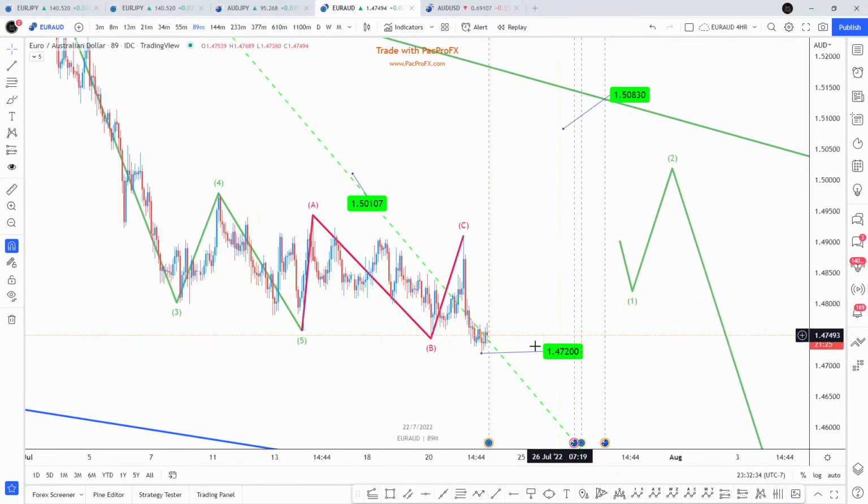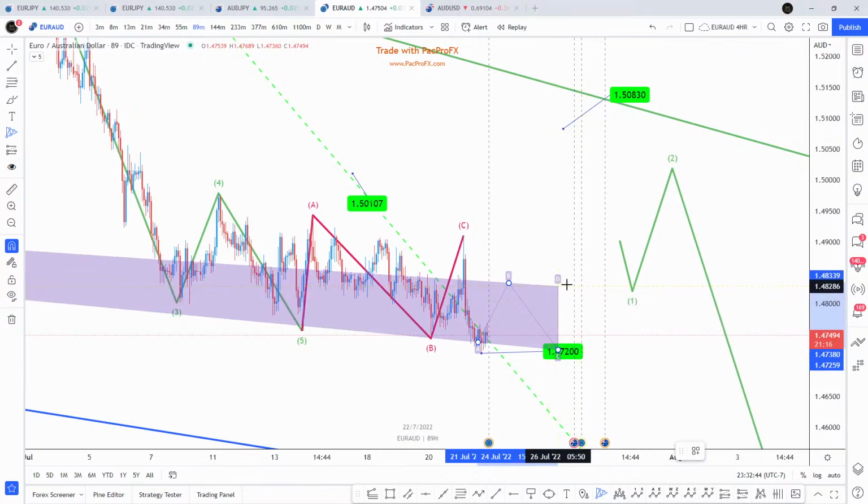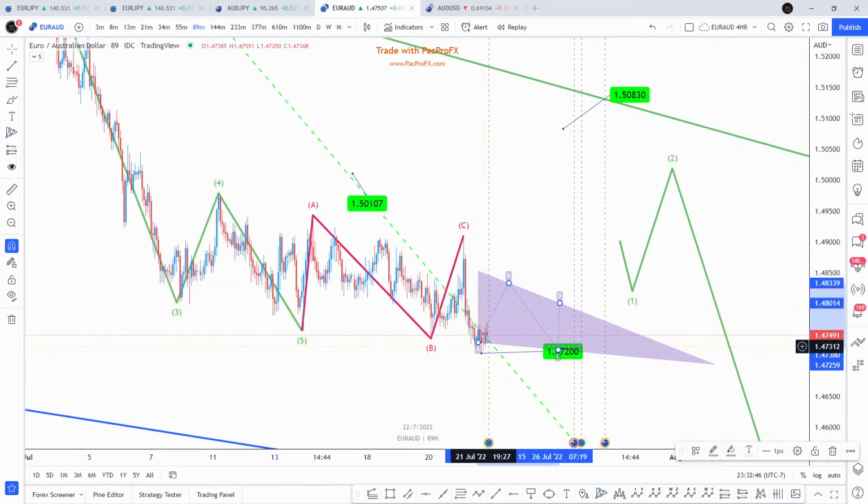Around here, if it creates a triangle here, like that or something, right? Then, yeah. But that's the only thing that would save you. So this definitely looks like a corrective pattern, a combo, complex correction.